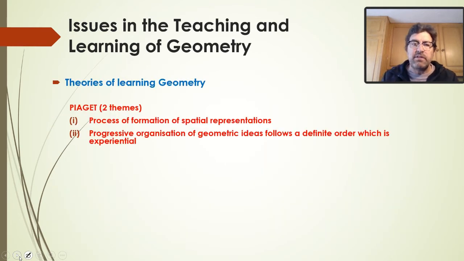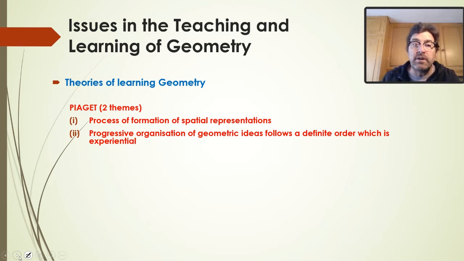Okay, so the theories of learning there have two themes, Piaget's themes. First, the process and information of spatial representation. And secondly, that progressive organization of geometric ideas follows a definite order which is experiential.